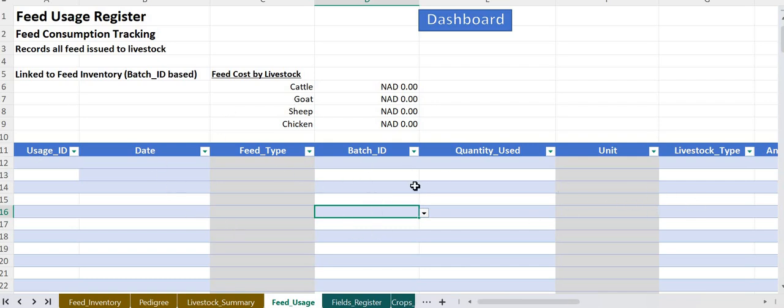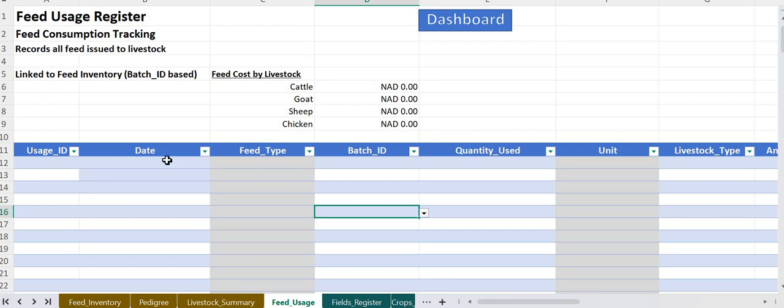So you come and record every day that you feed, or you make a note somewhere if you can't be here on the system, and then when you get time, you come and put in your records here, so that the system can do the cost breakdown per livestock enterprise, and all the other metrics and KPIs that this system needs to monitor.